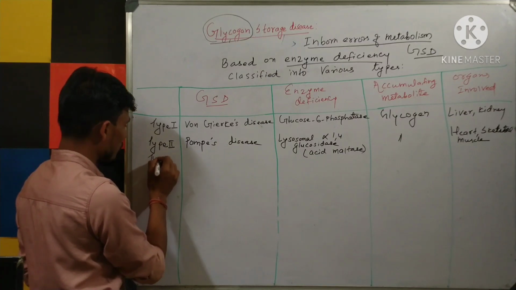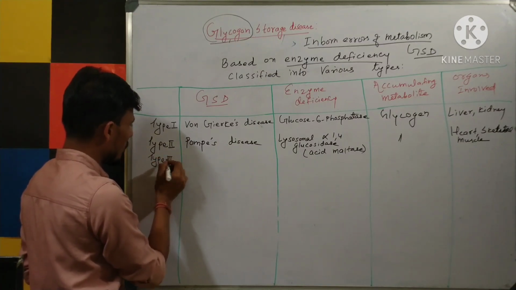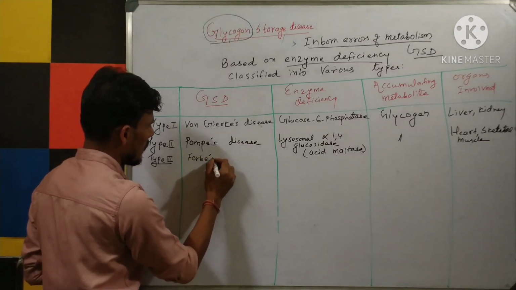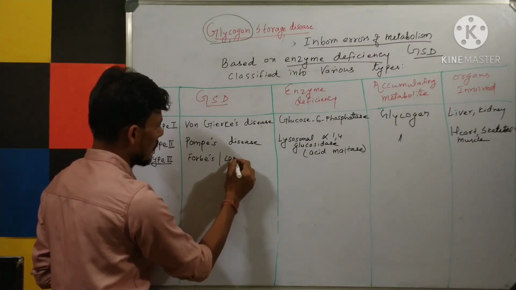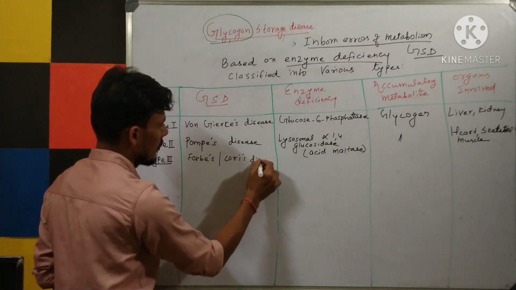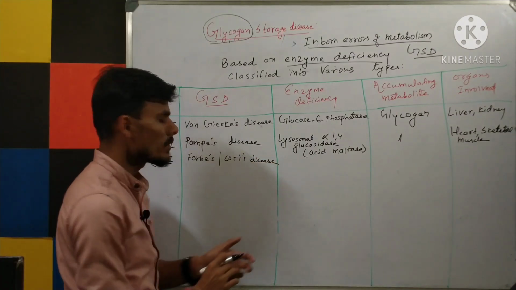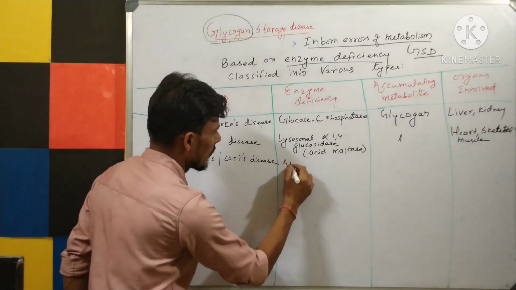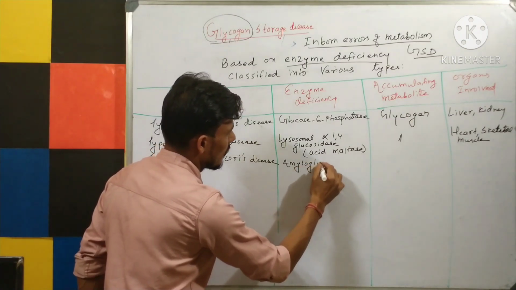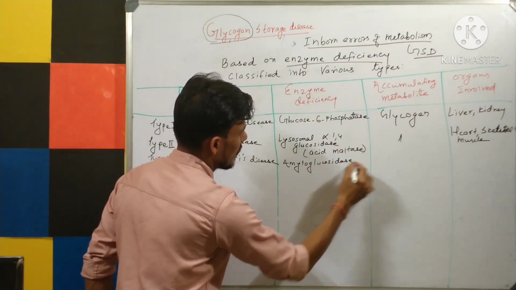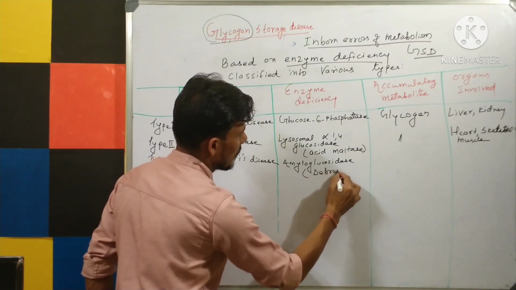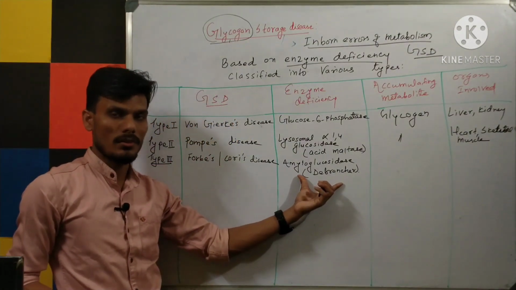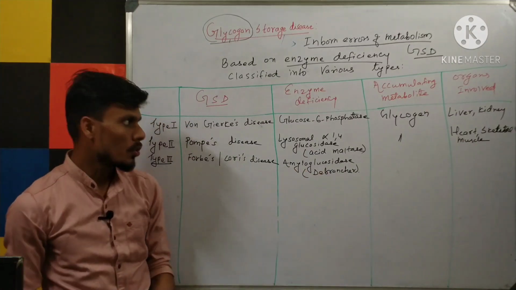Now if you see type 3, also known as Cori's or Forbes' disease, the deficient enzyme is the debranching enzyme, also called debrancher or amyloglucosidase.